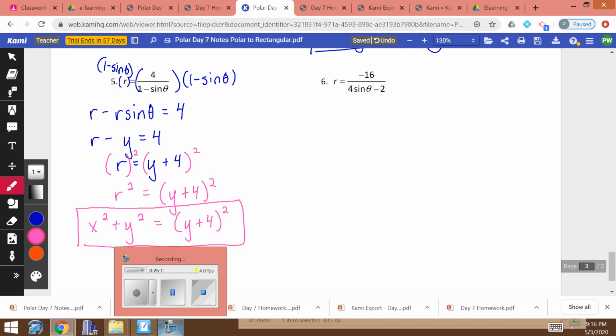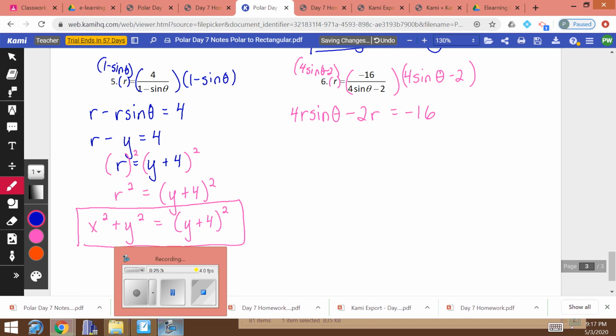All right, last one you'll notice is kind of similar. Again, I want to get rid of that denominator, so I'm going to multiply times the 4 sine theta minus 2 on the right. Same thing on the left times that r. So I'm going to distribute that r through. So 4r sine theta minus 2r is equal to negative 16.